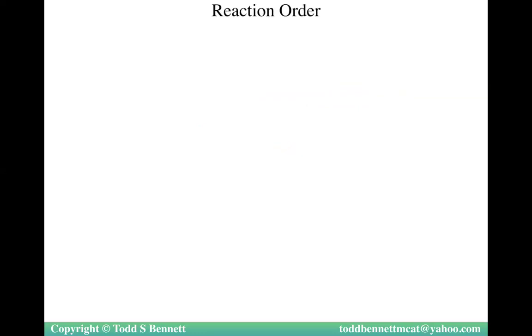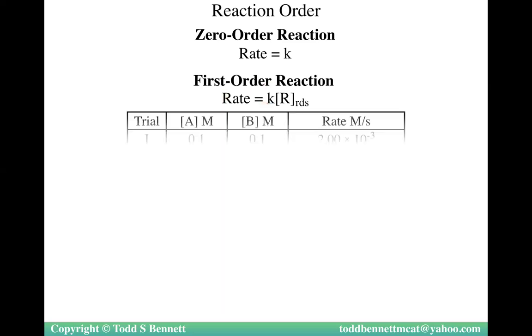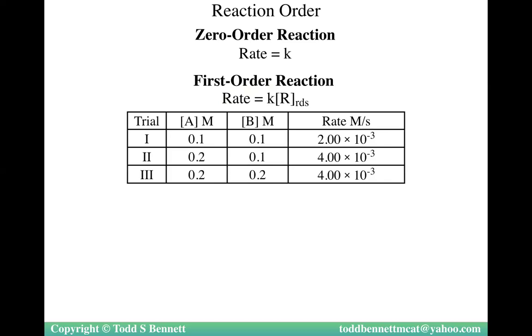Okay, so analyzing the data. When I toss these things out, zero order, constant rate, I don't care. Doesn't show up in OChem. We will see it in biochem, but it's not a big deal in OChem. In this table, let's just do by inspection this time. A doubles, no change in B, the rate doubles. So increase a factor of 2, no change, and the rate goes up by a factor of 2, meaning the rate depends on A to the first. I'm going to just put a 1 there to represent that it's to the first.